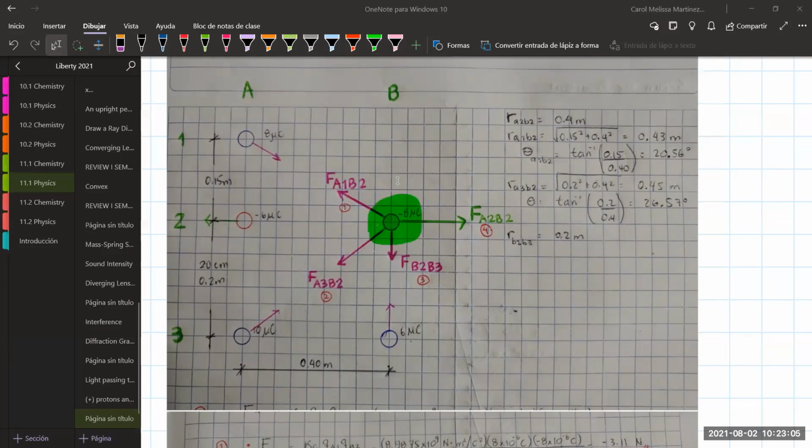And this is B2. So yes, basically everything is going to be measured from this, from B.